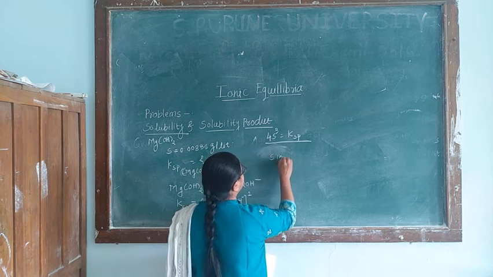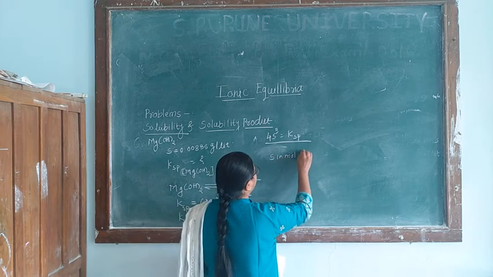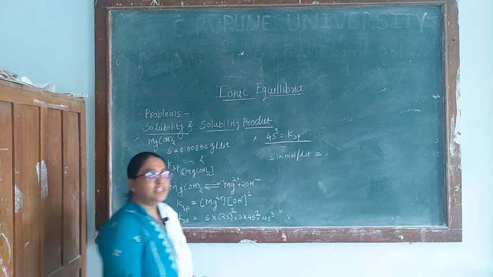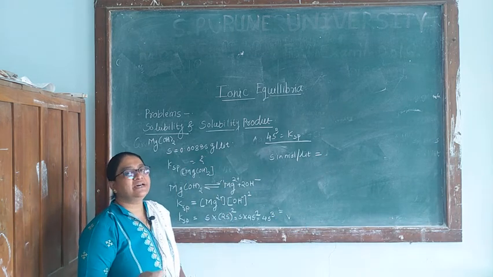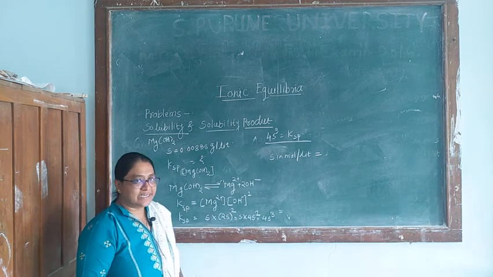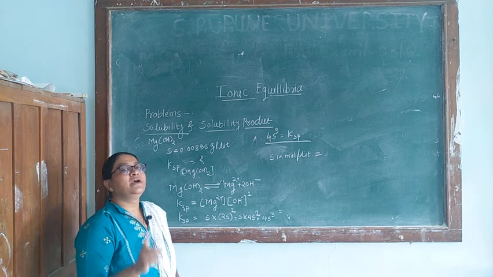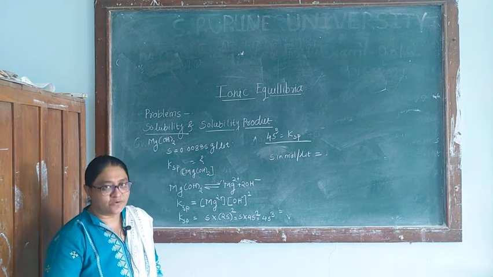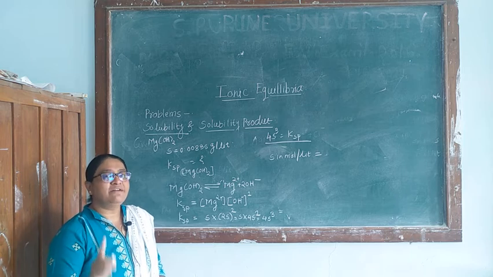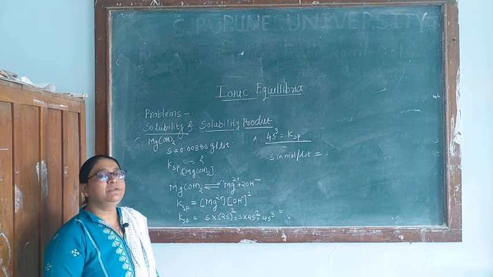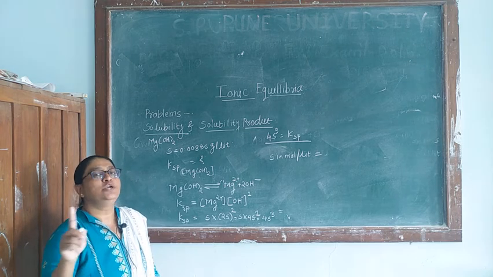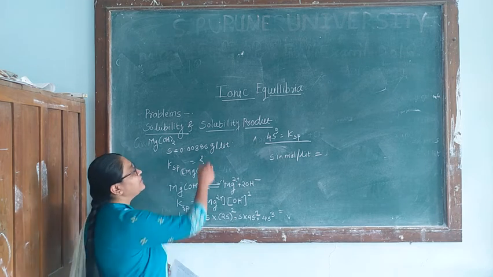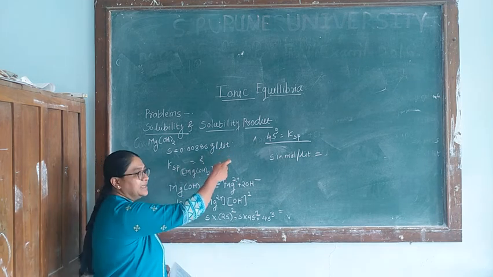The solubility in moles per liter is equal to... In the former problem, what had we done? We had converted the solubility in moles per liter into grams per liter. For that, we multiplied the solubility in moles per liter by molecular weight. Here we have been given grams per liter.